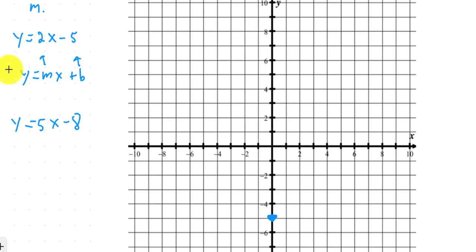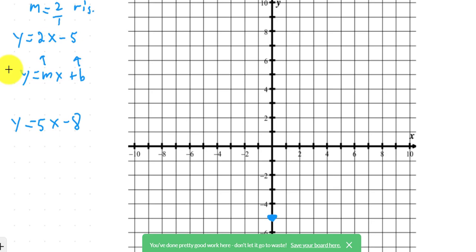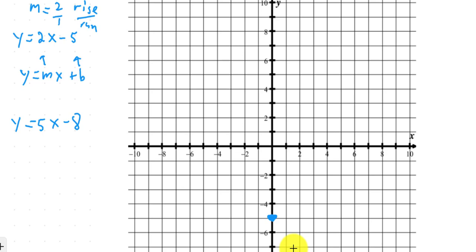But think of this as 2 over 1. So my rise over my run, I'm going to rise 2 units and run 1 unit. So here's me going up 1, 2, and over 1. Up 1, 2, and over 1. I'll do one more. Up 1, 2, and over 1.